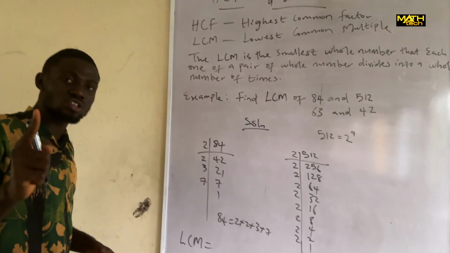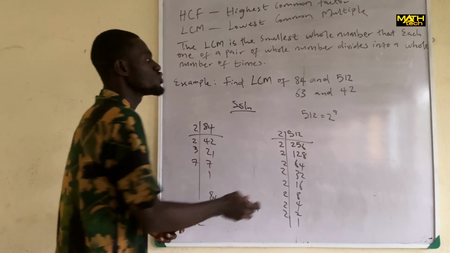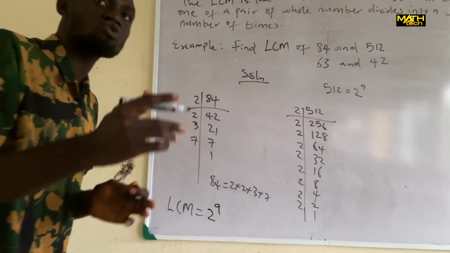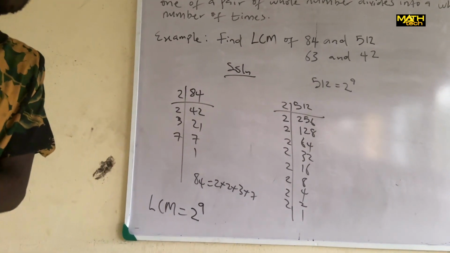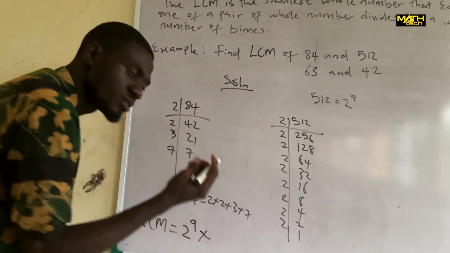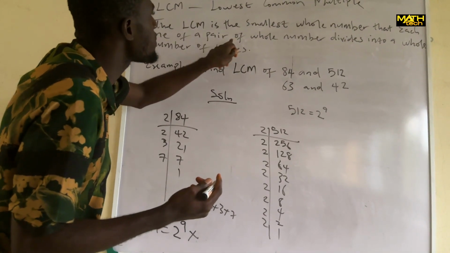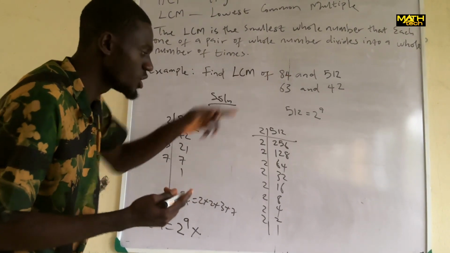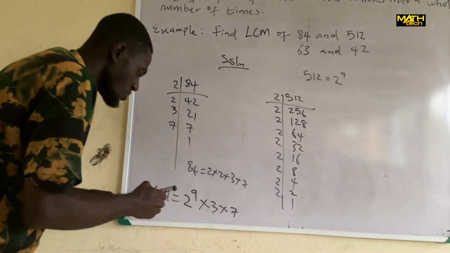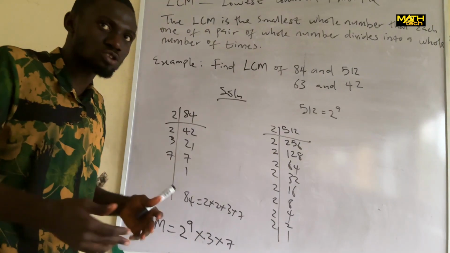So this is what will be the LCM of 84 and 512: 2 raised to the power 9, that is 2 times itself 9 times, multiplied by 3 and multiplied by 7. It does not matter whether they are common also here in 512 or they are not common.